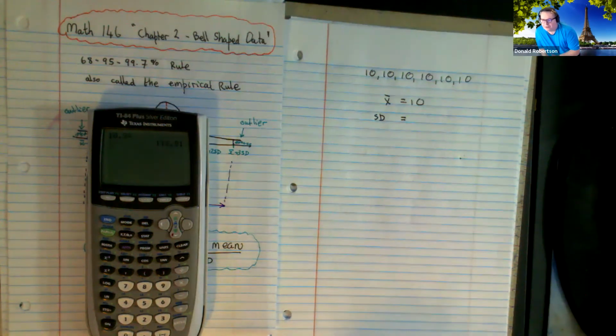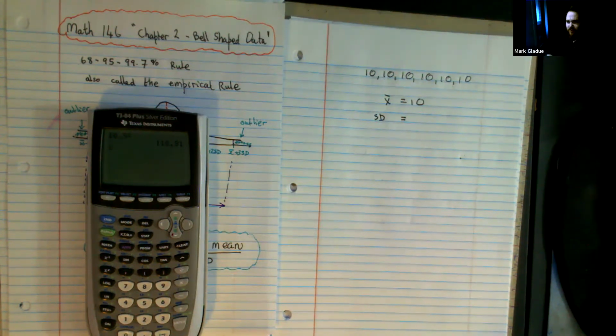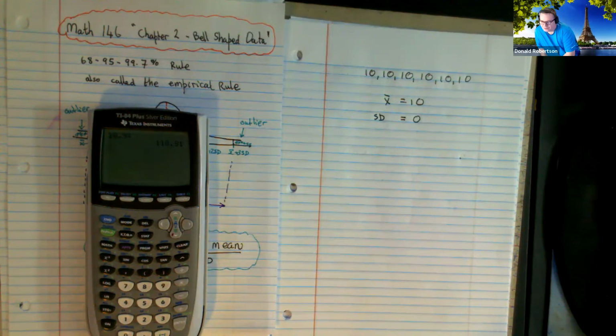So how spread out is that data? It'd be 0, right? Does that make sense? If all the numbers are the same, there is no variation. The spread is 0.